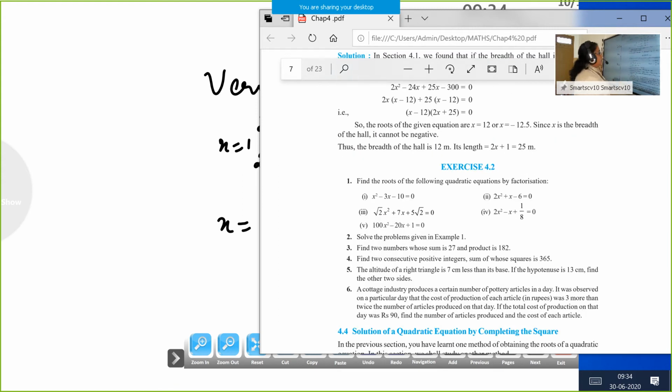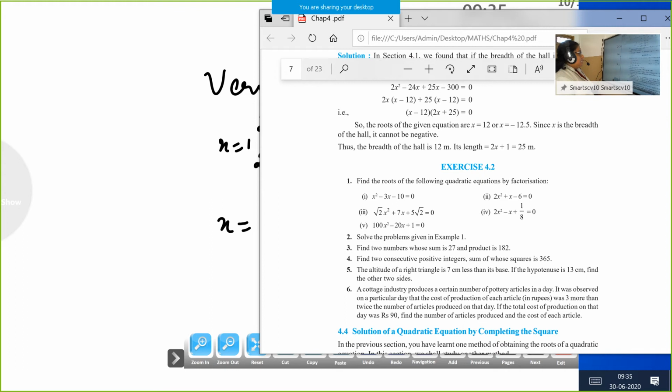Then take the exercise: find the roots of the quadratic equation using the factorization method. You know how to factorize the polynomial. Exercise 4.2, Question number 1 is homework.